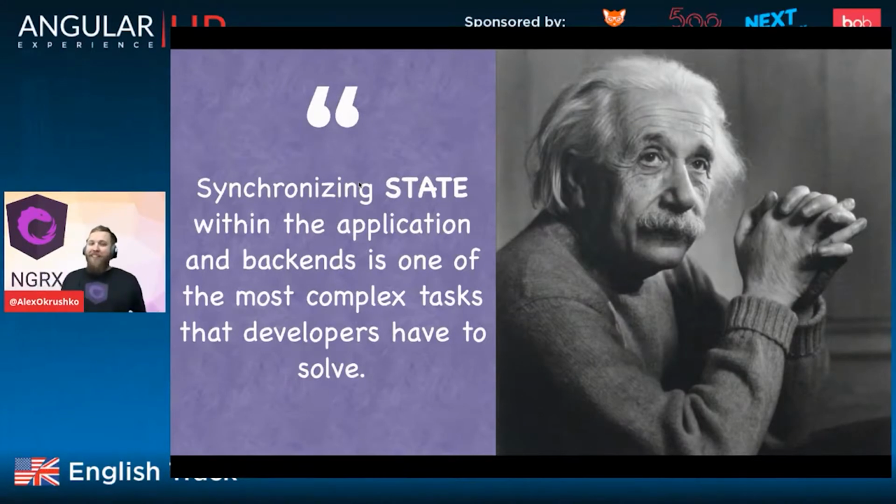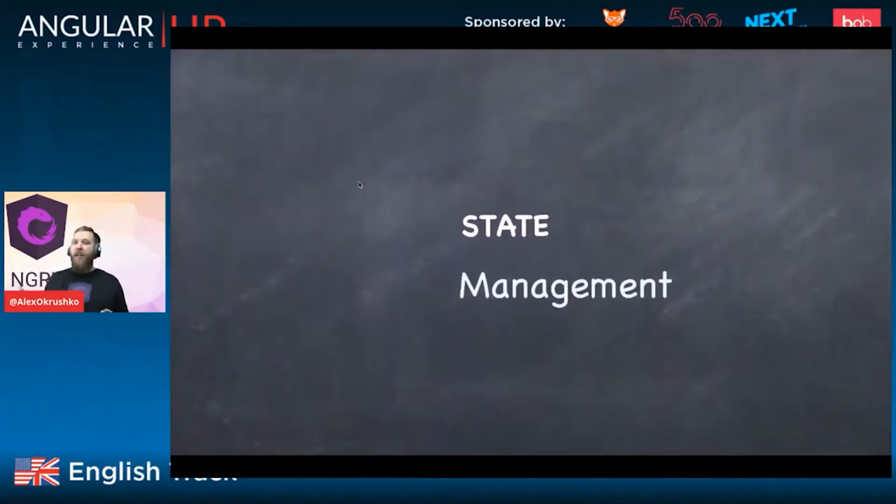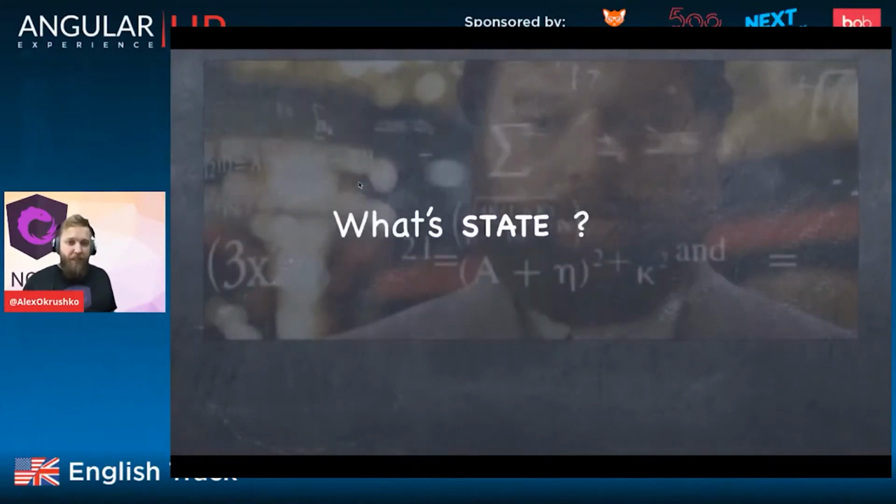Well, you can probably realize that he was a little bit before the internet, so he didn't say quite that. But I'm sure if he was with us today, this is what he would say about state and state management. So what is this complex thing that we're trying to synchronize? What is state management, and what are the libraries that are trying to solve it for us? What does it do? What is state?